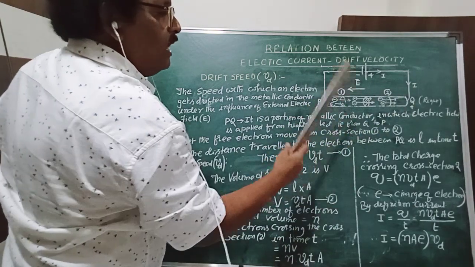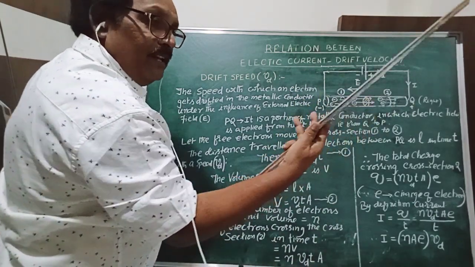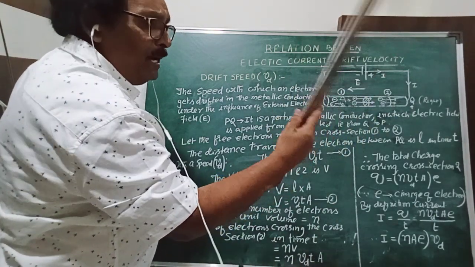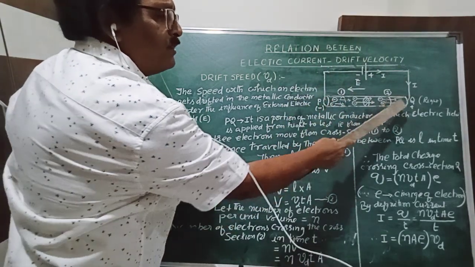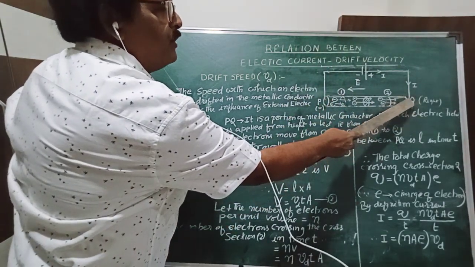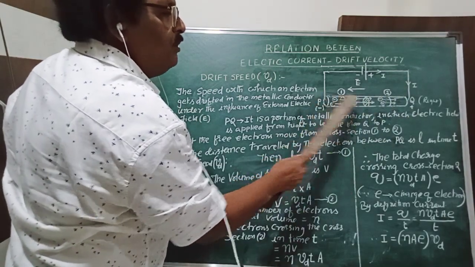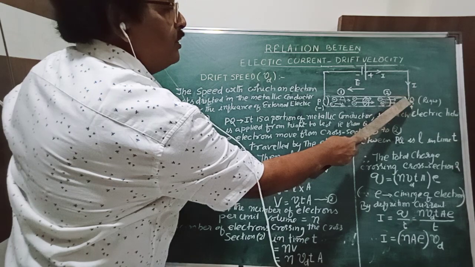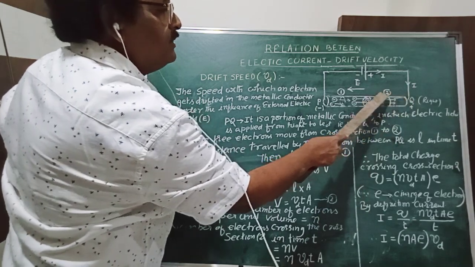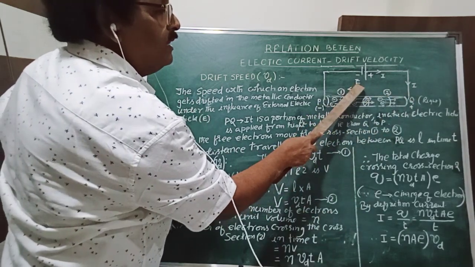This conductor will have plenty of free electrons. When the conductor has plenty of free electrons, all those electrons are attracted towards the positive electrode. That means the electrons always flow from lower potential region to higher potential region. Therefore, the conventional direction of the current is in the direction of the electric field.